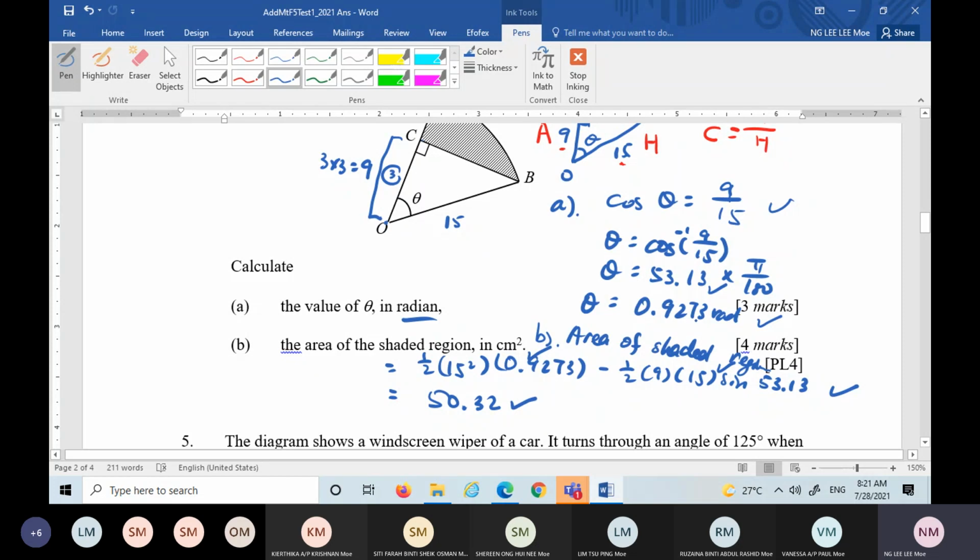In case the part A answer is wrong, but you use the correct formula for part B, although the data here is wrong, you still get the follow through marks, 2 marks. 1 mark here, and the other mark here. So this is for question number 4.